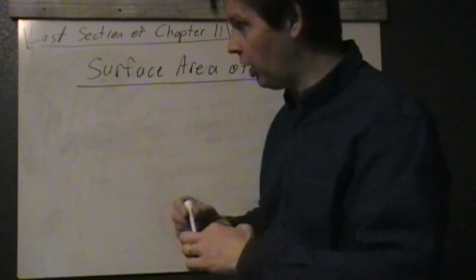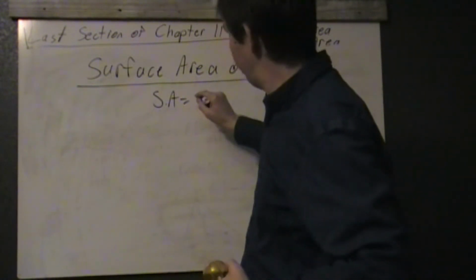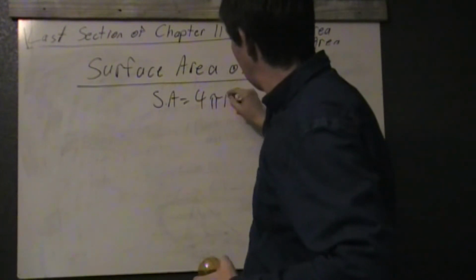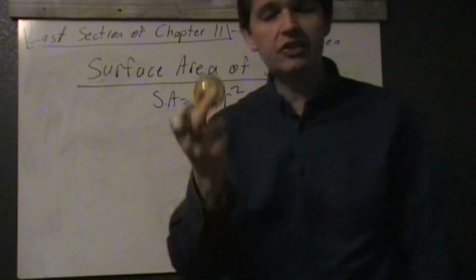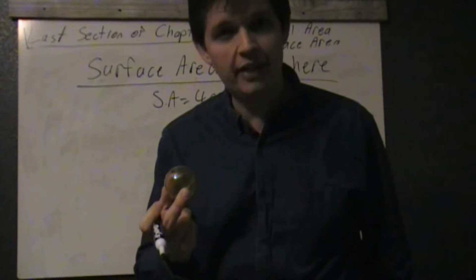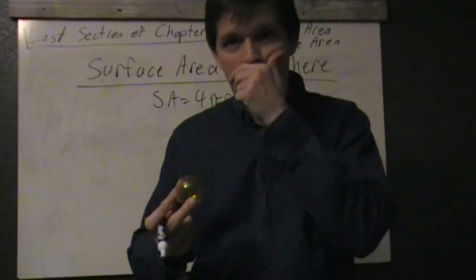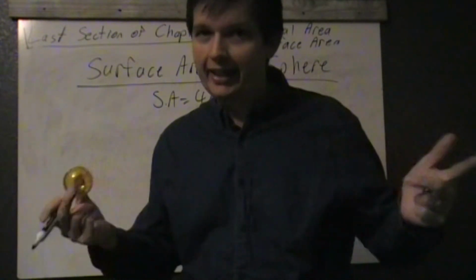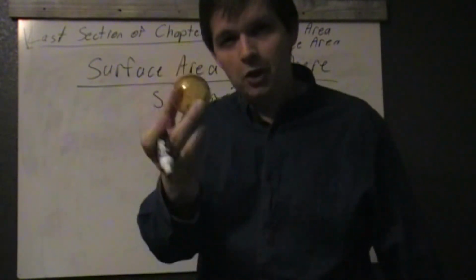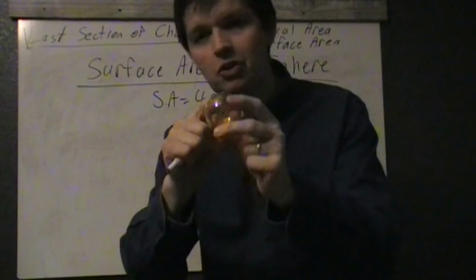Surface area of this ball is equal to 4 pi r squared. Yes, it's the equivalent to 4 circles, pi r squared. Right? When the area is declared, fill in the circle with pi r squared. I can't do it without beatboxing at the end. Alright, so the surface area of any ball is just 4 times pi times the radius squared.